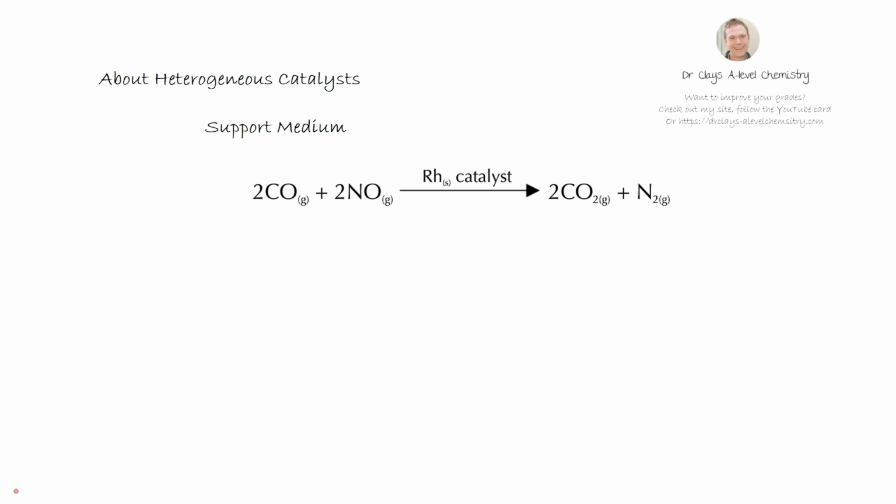Now this particular reaction isn't highlighted in the specification at the A2 level, but it is one that we've met in the Year 1 syllabus, and that's the catalytic conversion of carbon monoxide and nitrogen monoxide into carbon dioxide and nitrogen in the car exhaust.